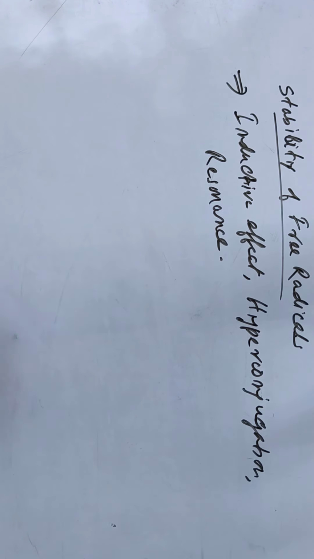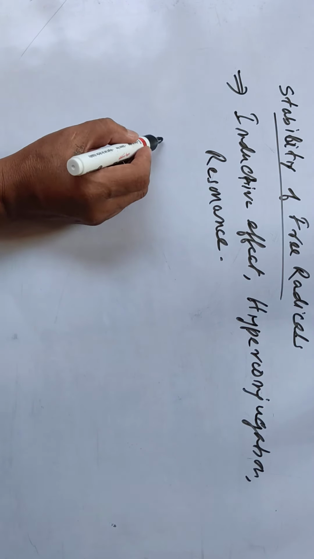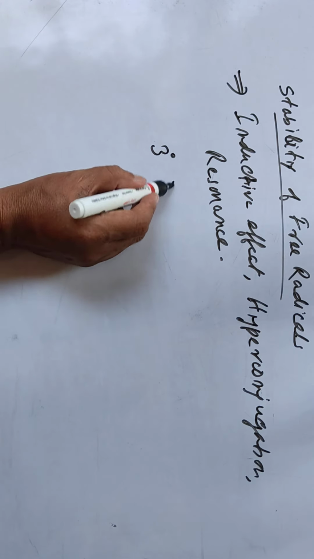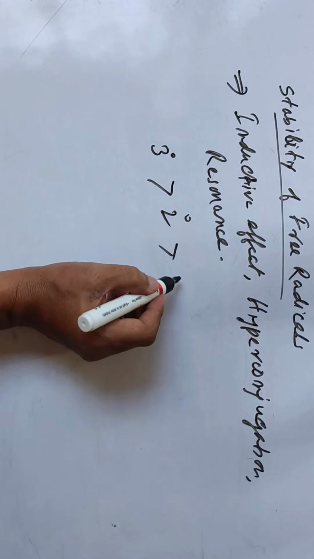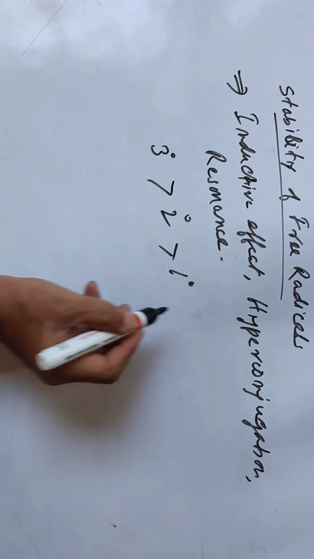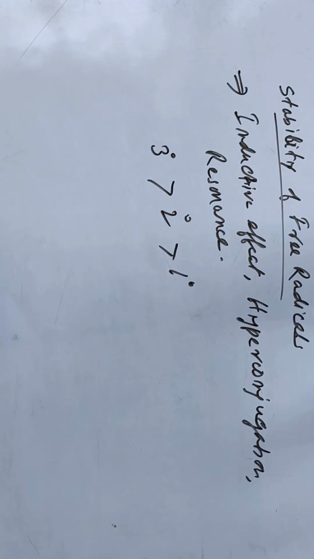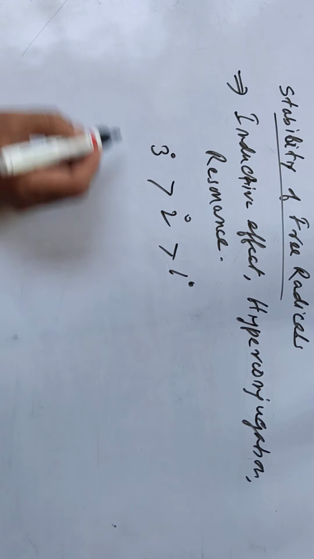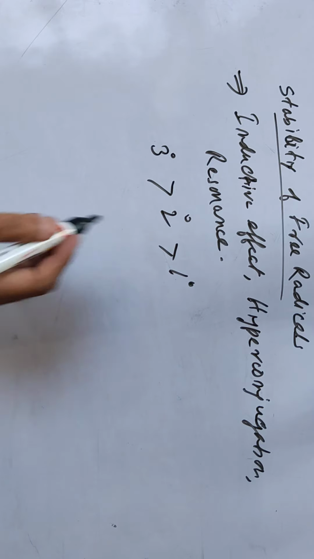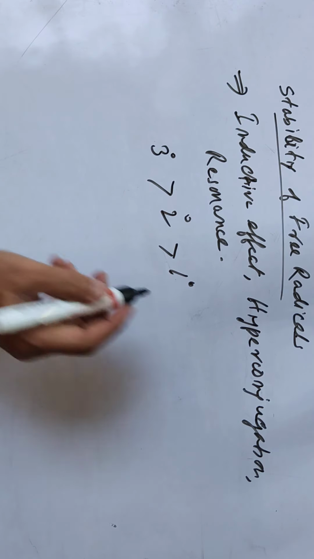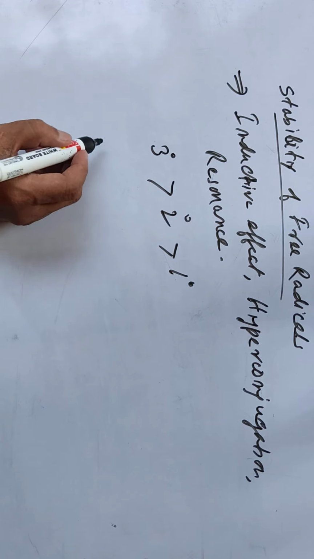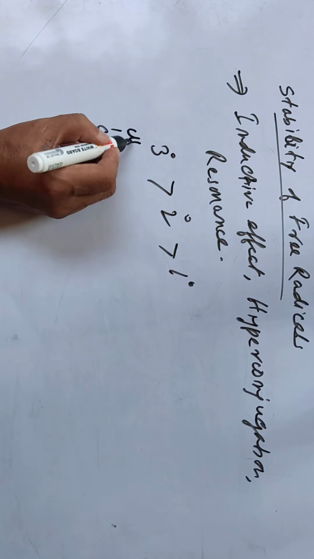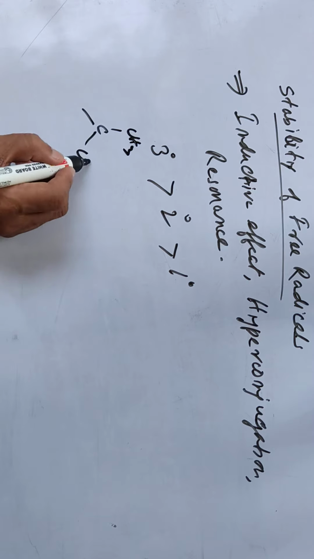Generally, tertiary radicals are more stable than secondary and then primary. Due to the inductive effect or hyperconjugation effect, tertiary radicals are more stable than secondary and primary free radicals. For example, a tertiary free radical with three CH3 groups is greater than a secondary one, which is greater than a primary one with CH2CH3, then CH3.